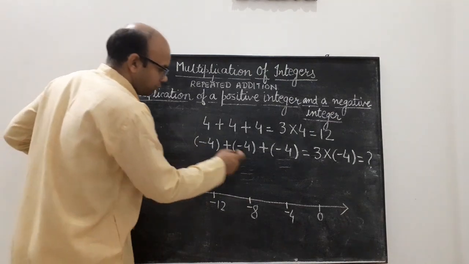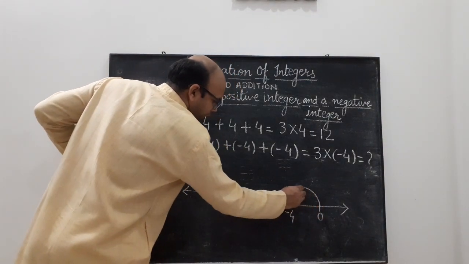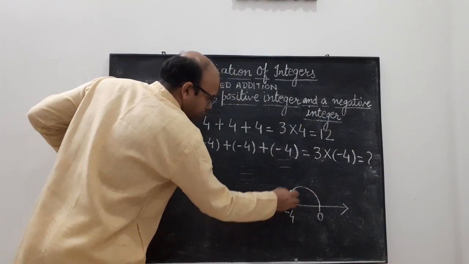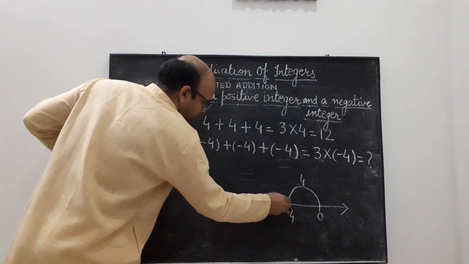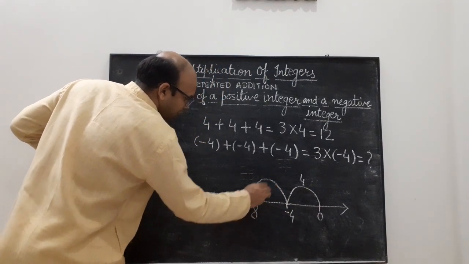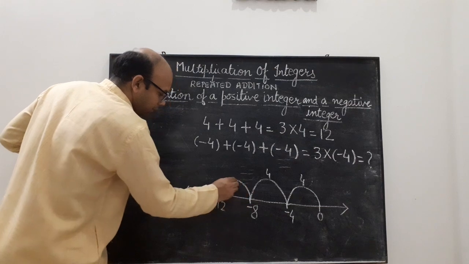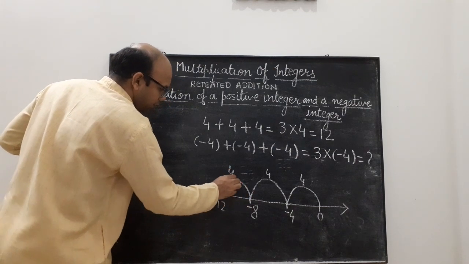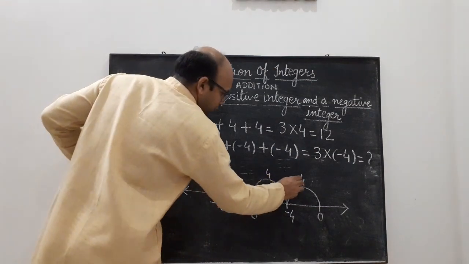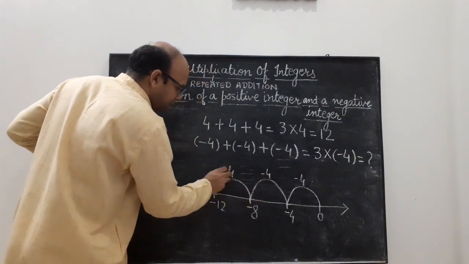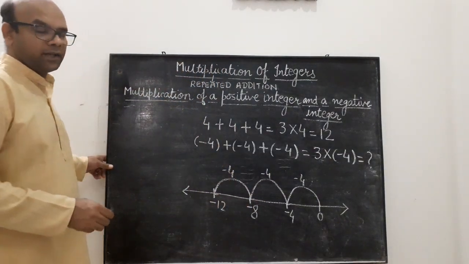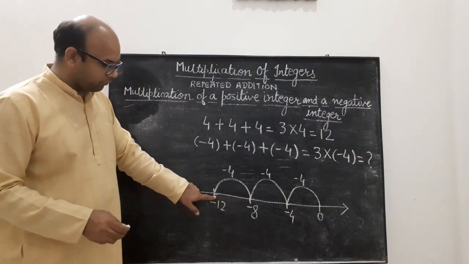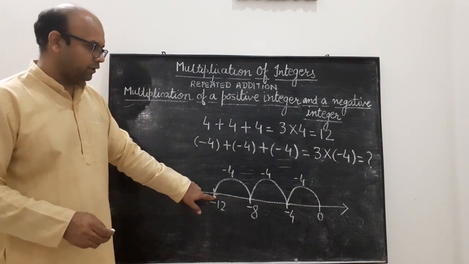Now for minus 4, we take 4 units to the left, and again 4 units to the left, and another 4 units to the left. So the outcome we are getting is minus 12.